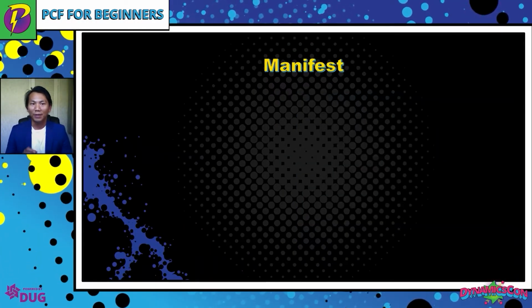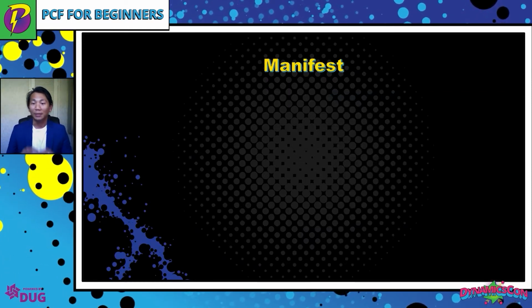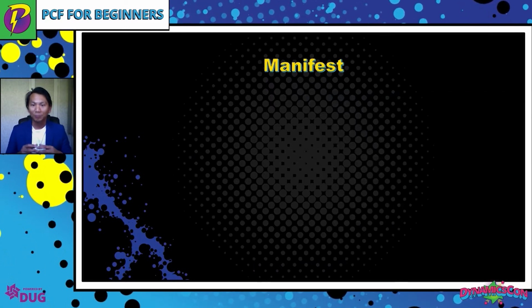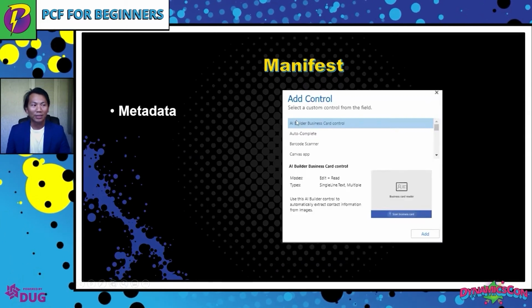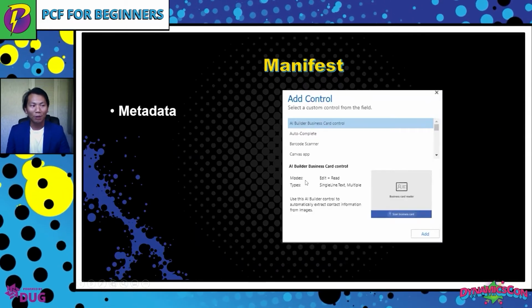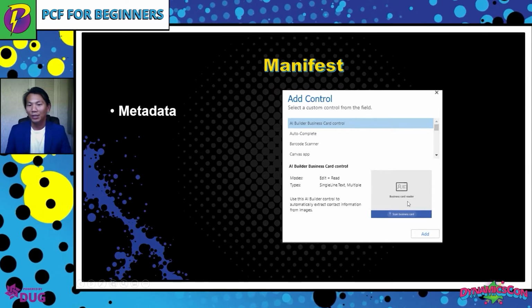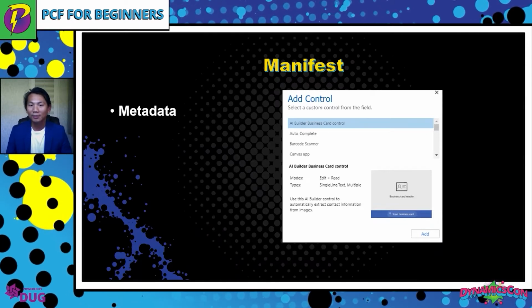The manifest file is an important part, which is the metadata file in XML format that defines the component. It contains the metadata of the control, such as the name of the control, the description, the preview image, and whether it is a field or data set.